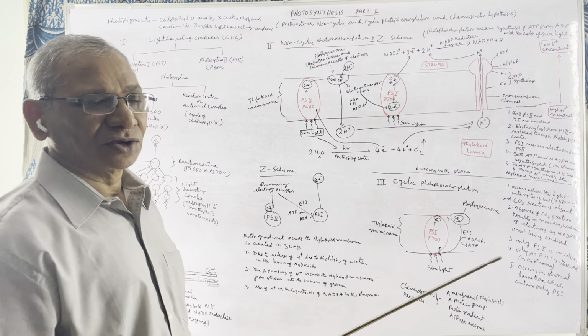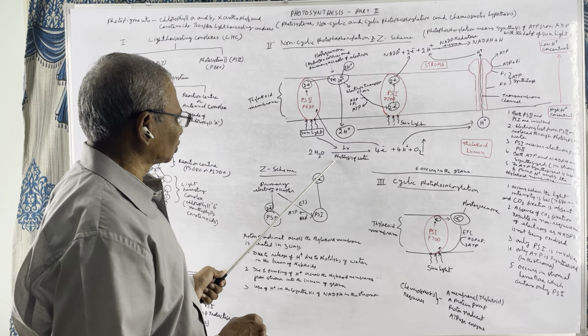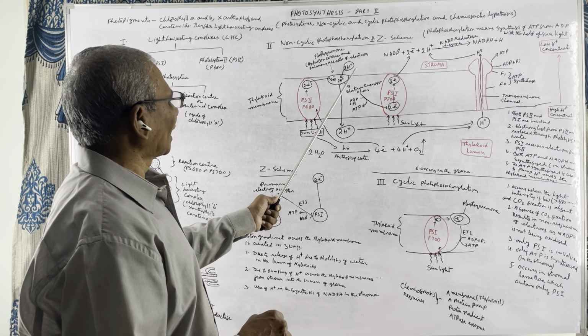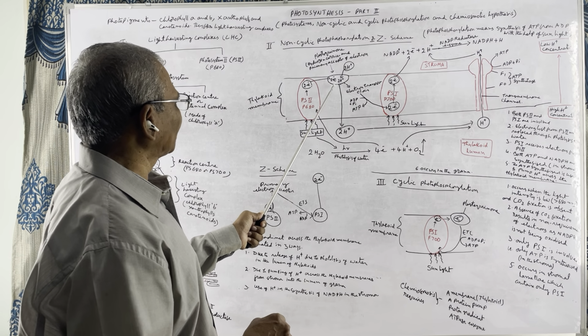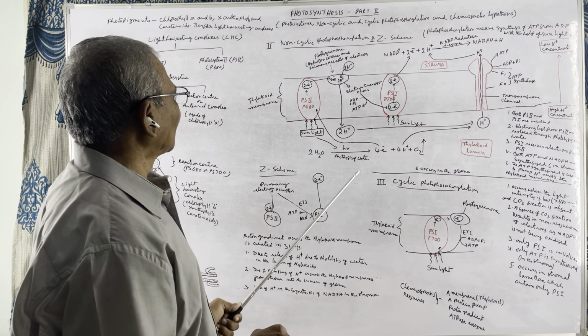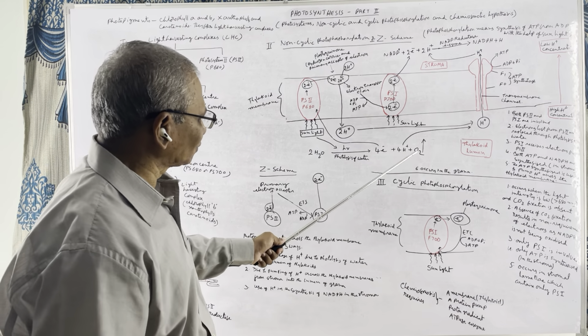This is the second way. So, one way, hydrogen ions are produced from the splitting of water, and hydrogen ions are brought from the stroma into the thylakoid lumen by the hydrogen carrier, plastoquinone. In this way, hydrogen ions build up here.